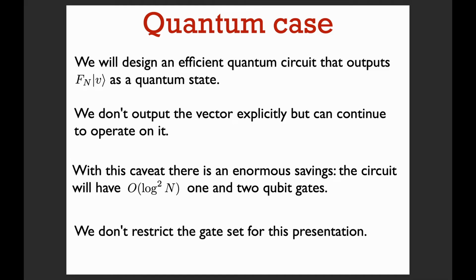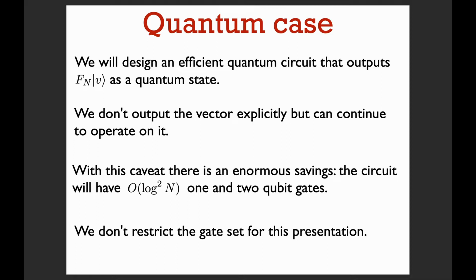In this lecture, we're going to talk about the quantum case, and we're going to design an efficient quantum circuit that outputs Fn. Given as input a quantum state v, it outputs Fn times v as a quantum state. That's the important caveat here. We're not going to explicitly output all the entries of Fn times v.